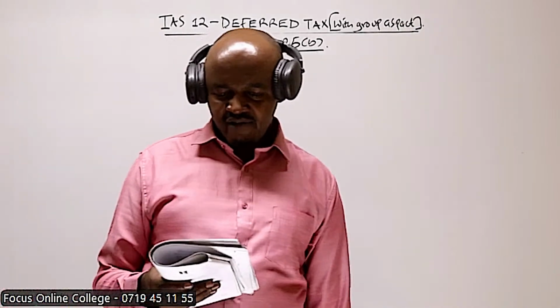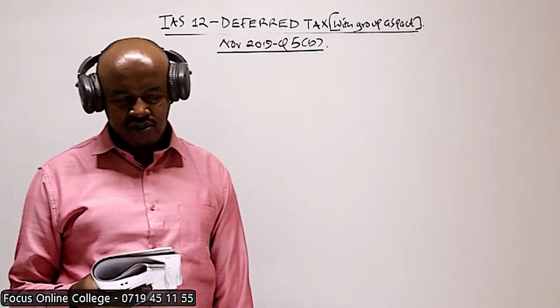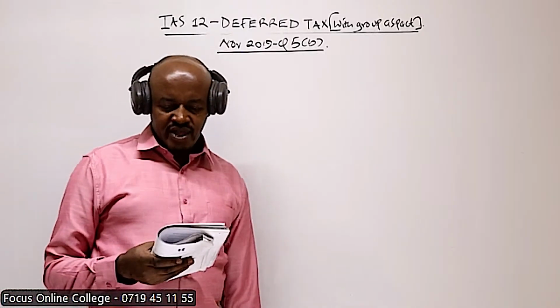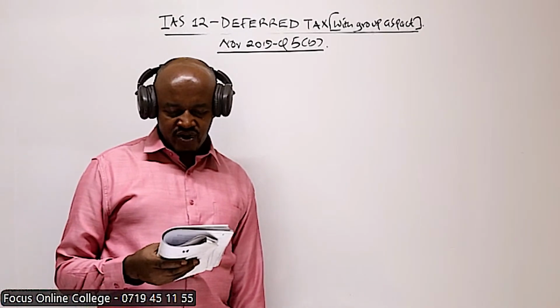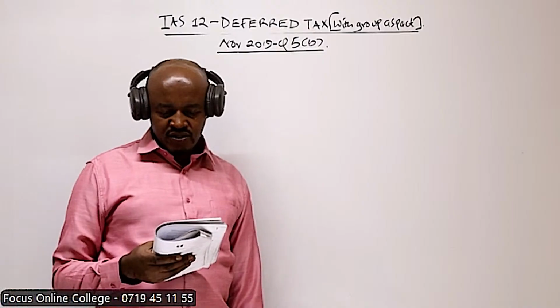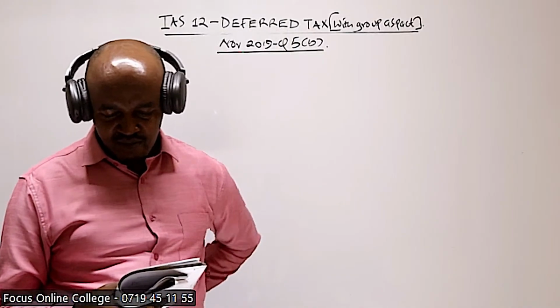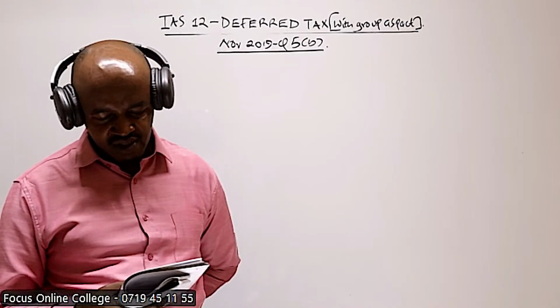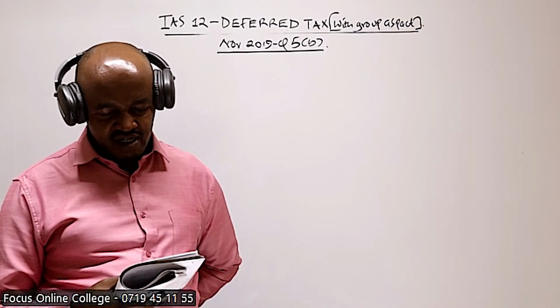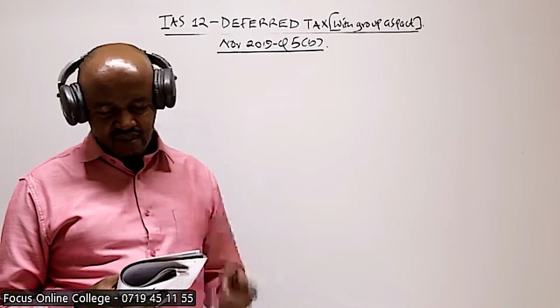Number one, the company has available for sale financial assets with a carrying amount of 80 million and financial assets at fair value through profit and loss of 40 million. Both financial assets reported losses in fair value of 8 million each as at 30th September 2019.